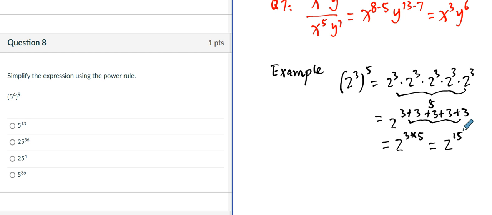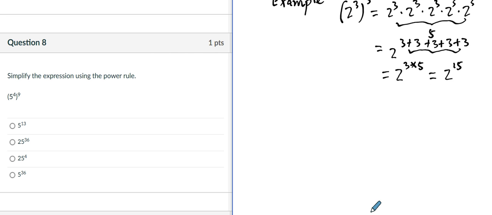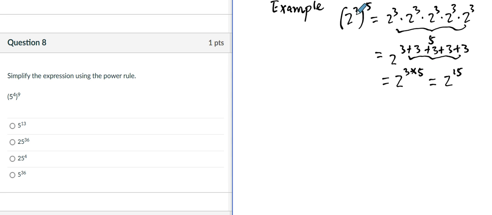Now, we know that's basically the multiplication between 3 and 5, other than 3 plus 5.